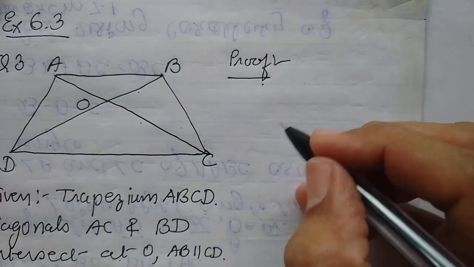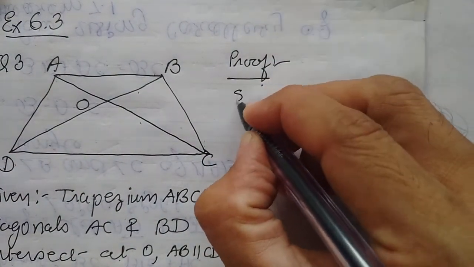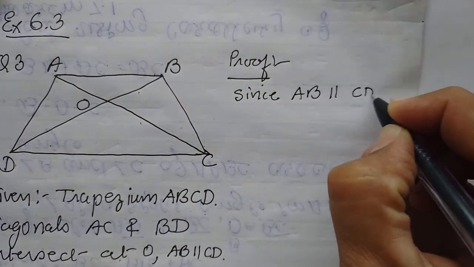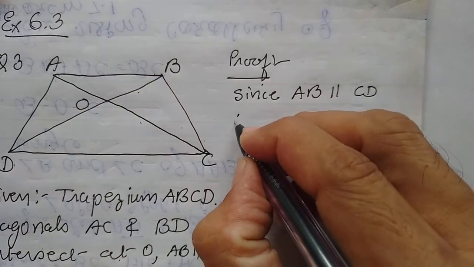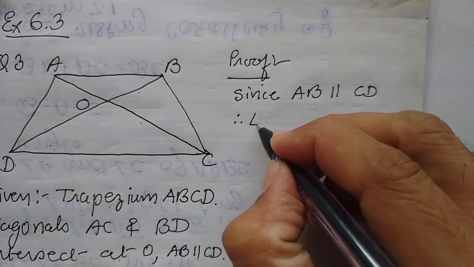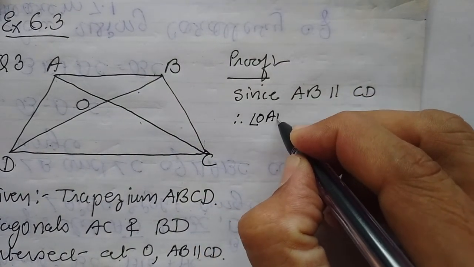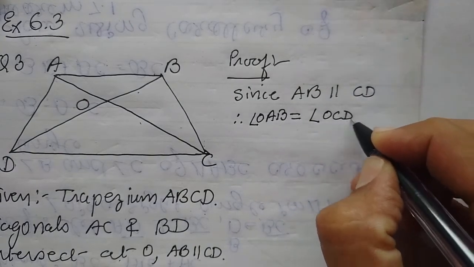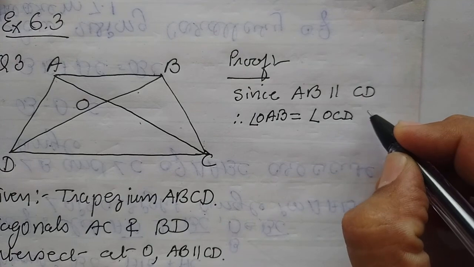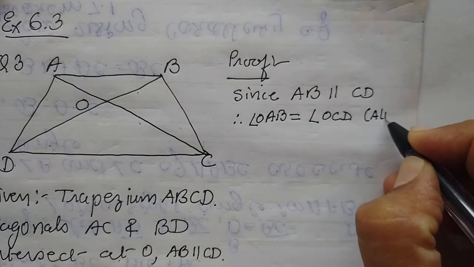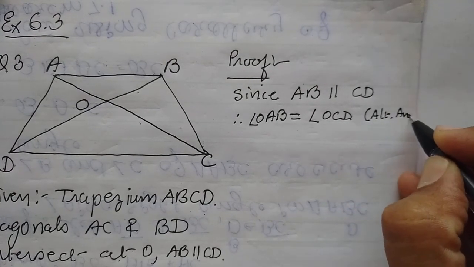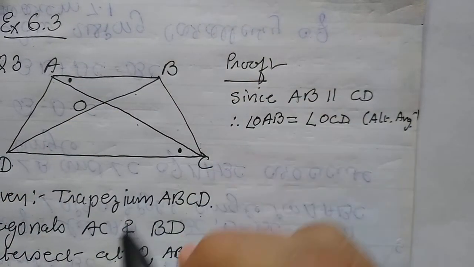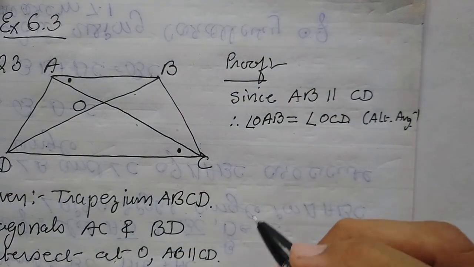Very easy proof, children. Since AB parallel CD, therefore angle OAB equal to angle OCD. What is the reason, children? Alternate angles. Okay, these two angles are equal because alternate angles.